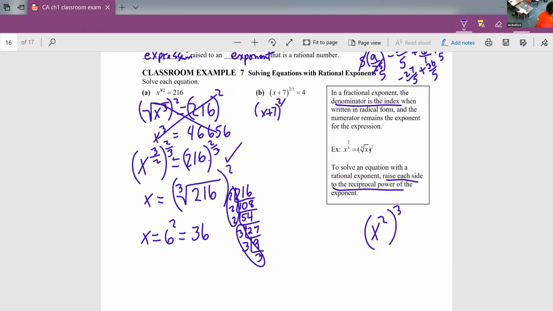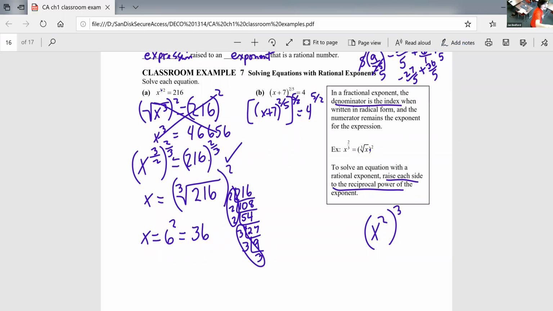What did we do to get rid of our fraction exponent over here? To the reciprocal power. So yes, if I raise both sides to the 5/2 power, I should be able to get rid of the radical on the left. Okay, I'm going to let you guys work on this.